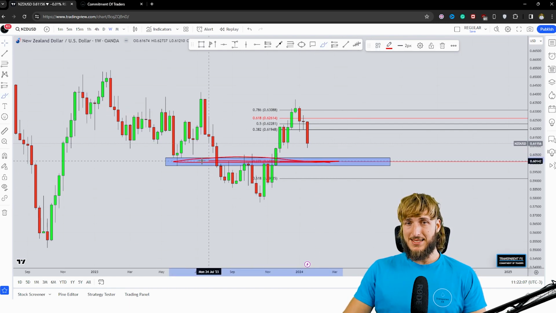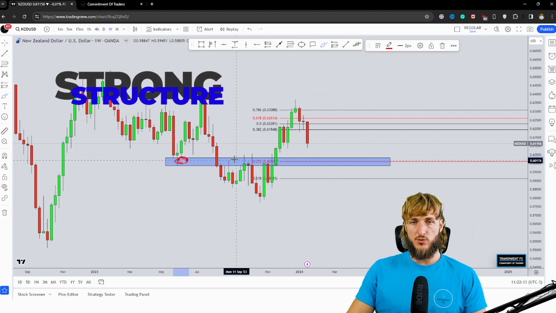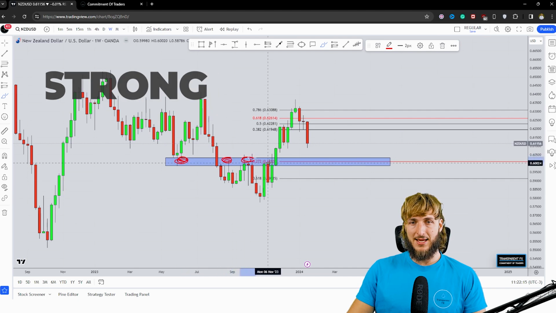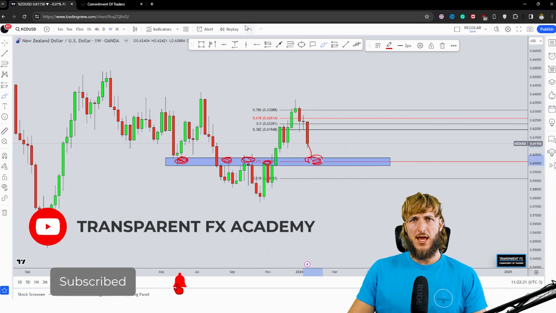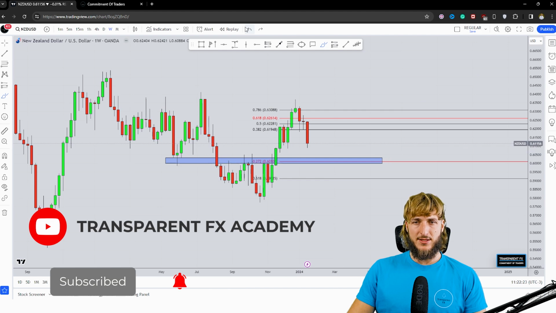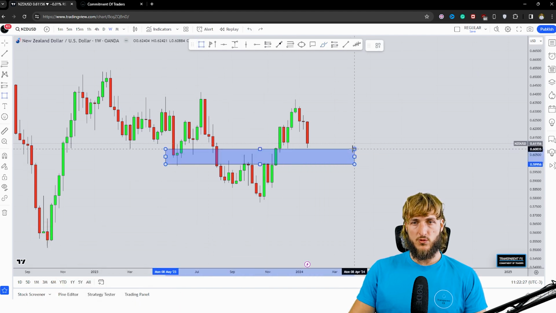And what we can see is that this level is perfectly aligned with this big zone of previous weekly support, turned resistance here and again here and again here, which now that the market is approaching it from above is once again acting as support. And if we look a little better at the structure that we have, we can see how actually all this area is quite strong support.